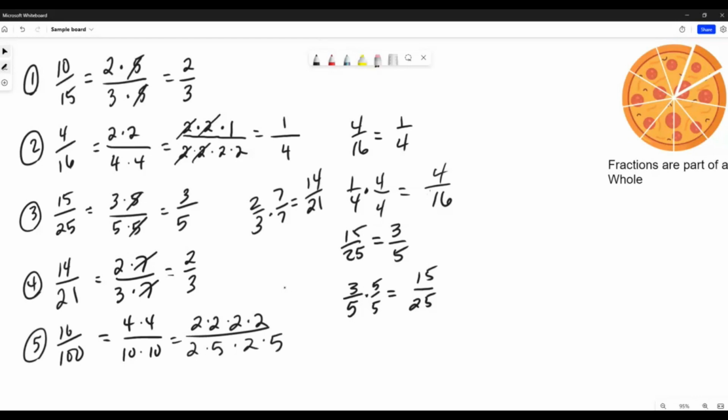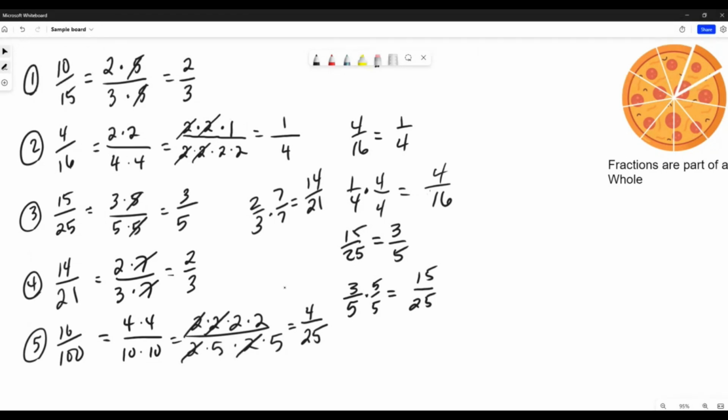All of that's broken down as far as it'll go, so I can divide out that group of 2's and that group of 2's. Nothing else will divide out, so I get 4 on the top, 25 on the bottom. 16/100ths is the same as 4/25ths.